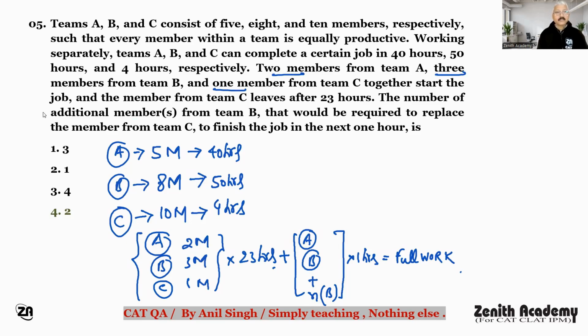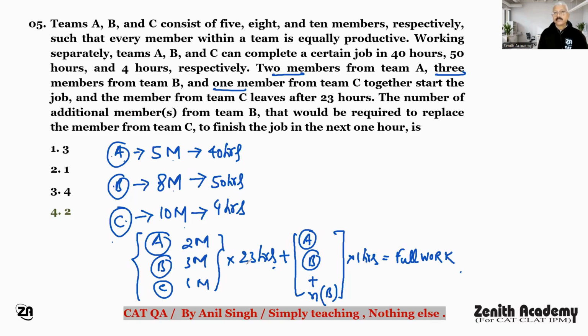Actually here, there are three teams: team A, team B, team C. In team A there are five members, here eight members, here 10 members. And team A can finish a task alone in 40 hours, while B in 50 and C in 4 hours. This is a condition given here. Two members from team A, three members from team B, and one member from C worked continuously for 23 hours.